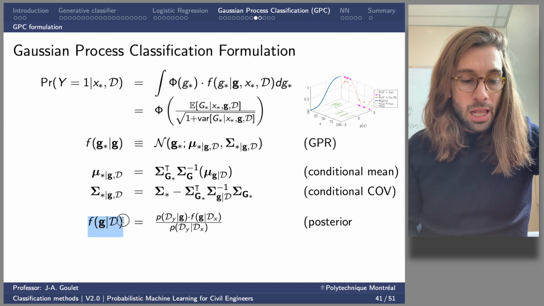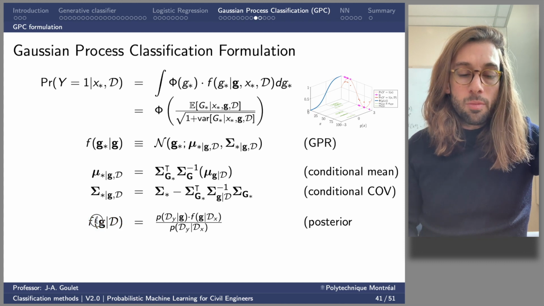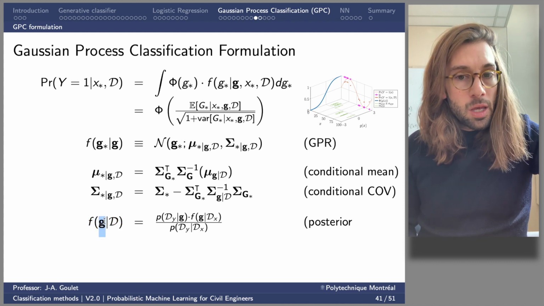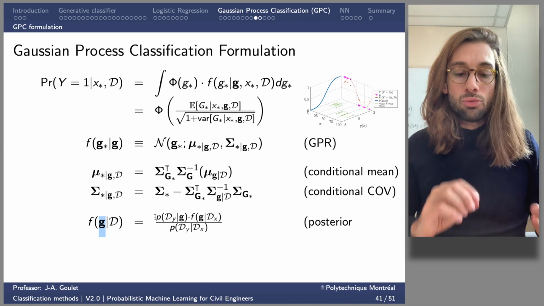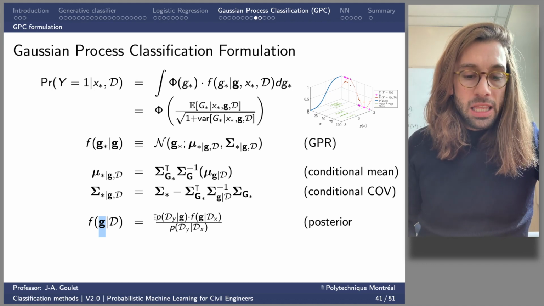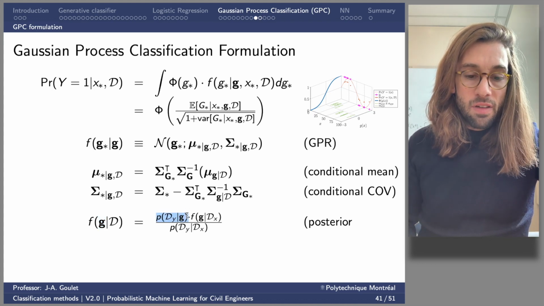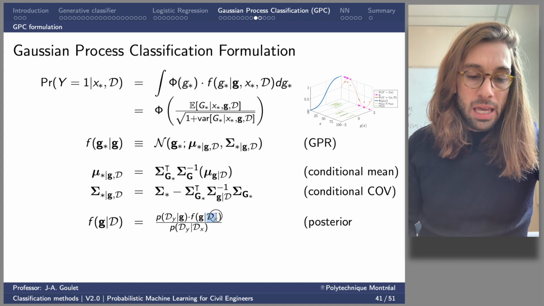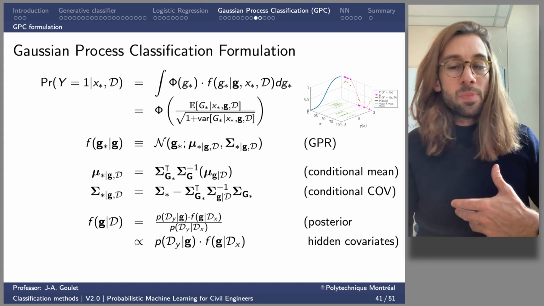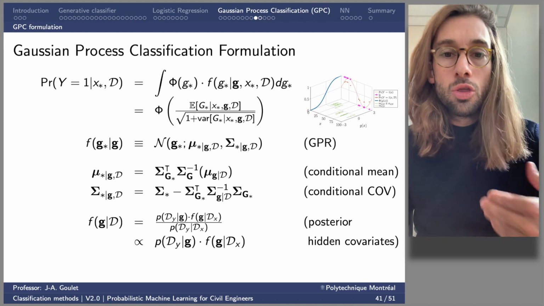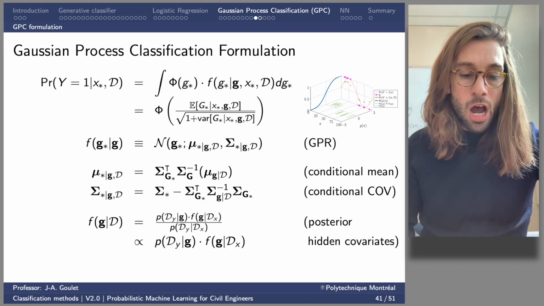The posterior for the latent observation for my Gaussian process is going to be obtained as usual through Bayes' rule, okay? The likelihood of my data given the value of G times my probability of G given the covariate value divided by here my evidence, my normalization constant. If we say, okay, let's just assume we're working with the unnormalized posterior, so we're going to drop the normalization constant.